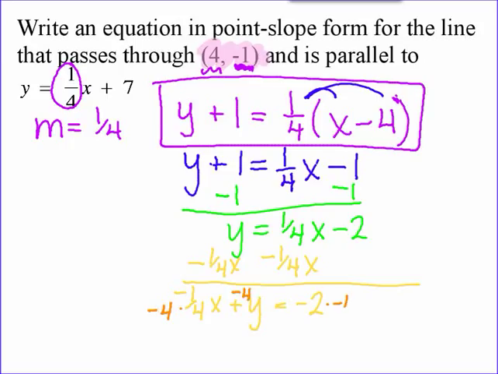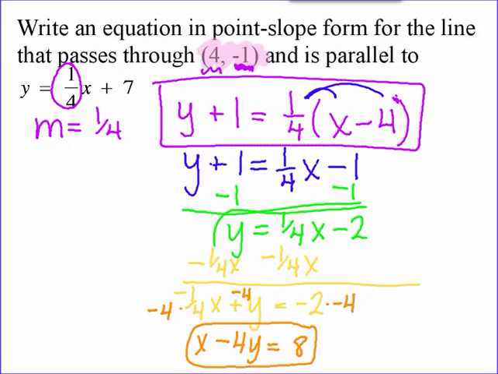Whatever you do to the first one, you've got to do to all. So those end up canceling, you get x. What else do you get? -4y equals -8. There you go. So we have 3 different equations.